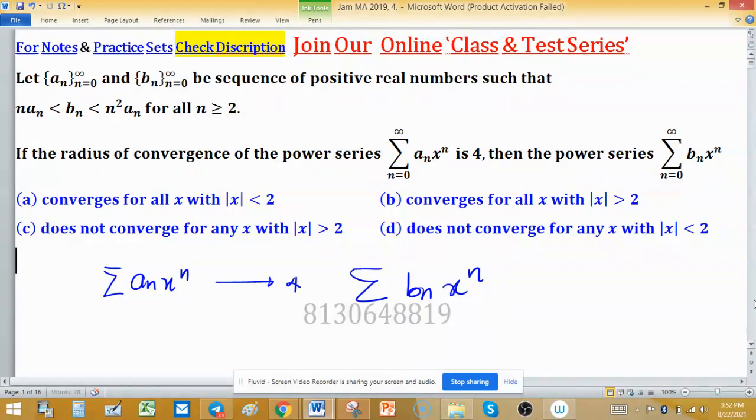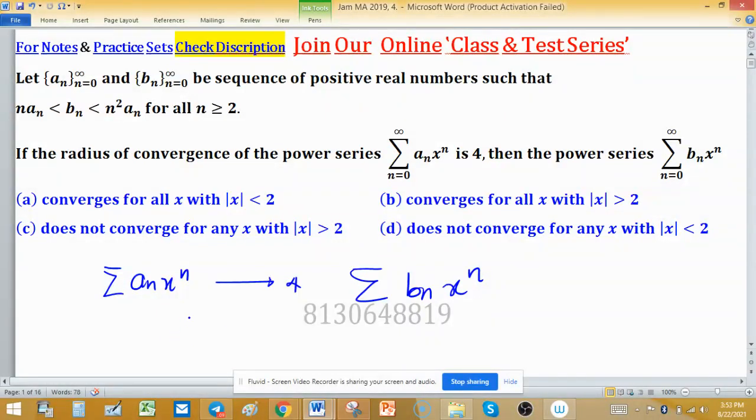Remember this point: to tell about convergence of a power series, sometimes the radius of convergence is very helpful, but the interval of convergence is a more precise way to answer convergence at some specific point, because at the boundary of the radius, or you can say the exterior boundary, the series may or may not converge. But whenever we find the interval of convergence, then exactly we can say at what points the series will converge or not.